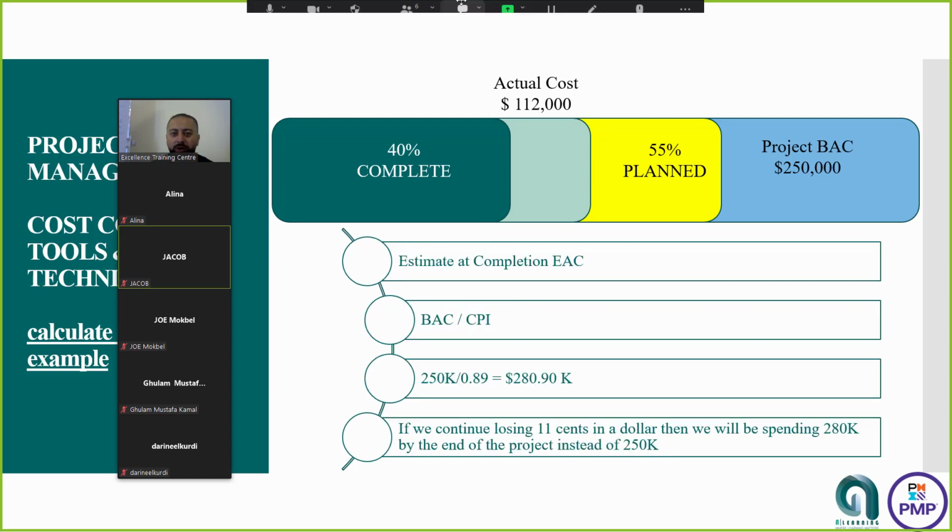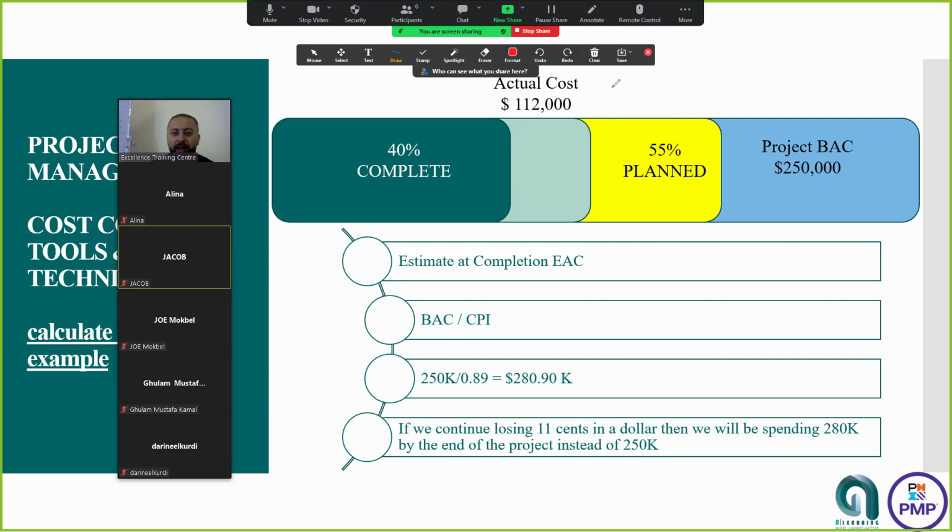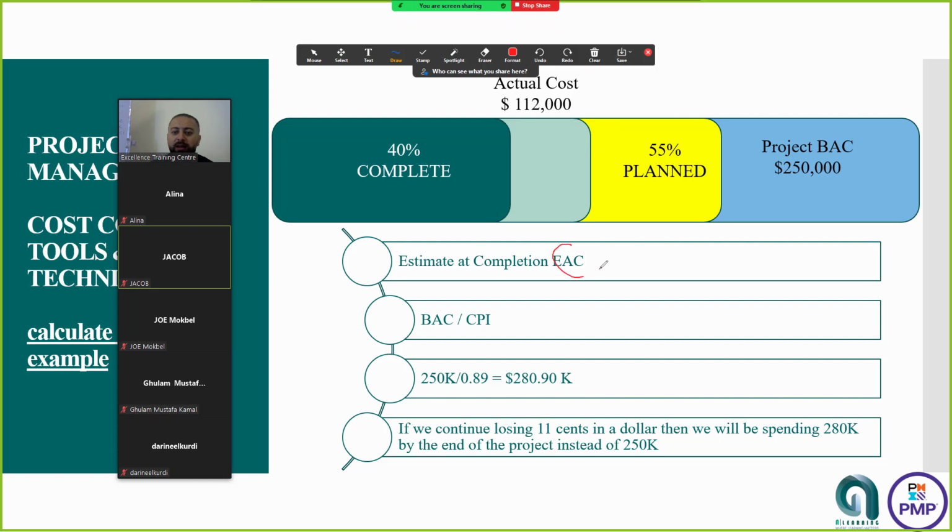Now it's a new equation, correct? The EAC. EAC is the estimate at completion, which means we want to know the estimated cost once we finish the work, the whole project. We also have estimate to complete.